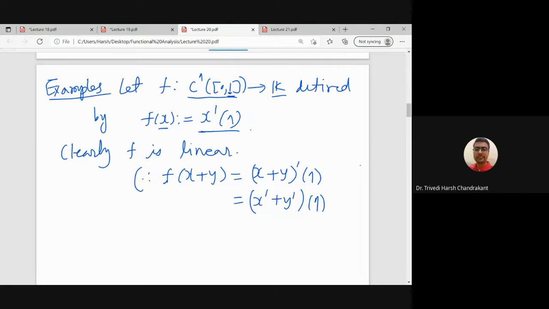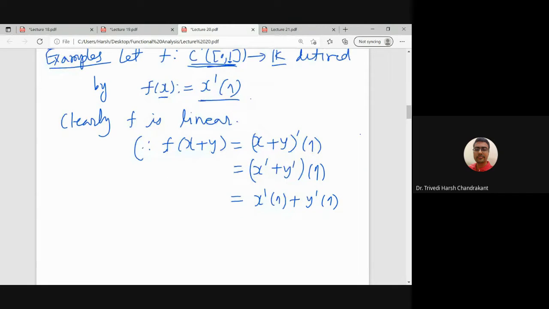And then we know the addition defined in this vector space is pointwise. So this is x dash evaluated at 1 plus y dash evaluated at 1. And then what is this? This is nothing but f(x) plus f(y) by the definition of the function.